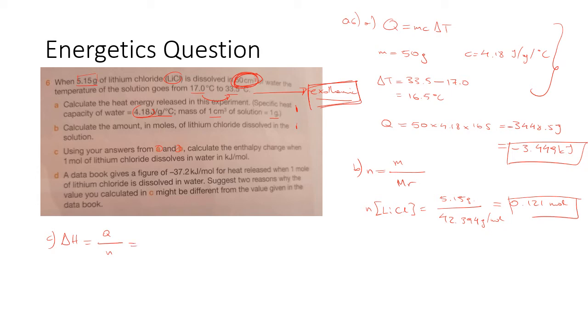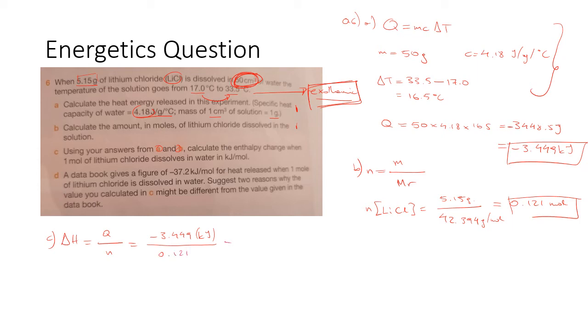So in this case, we have negative 3.449 kilojoules. These units I'm just putting here to establish that what we're talking about is the enthalpy, the energy and the number of moles. You don't have to write them down. And the number of moles is 0.121.